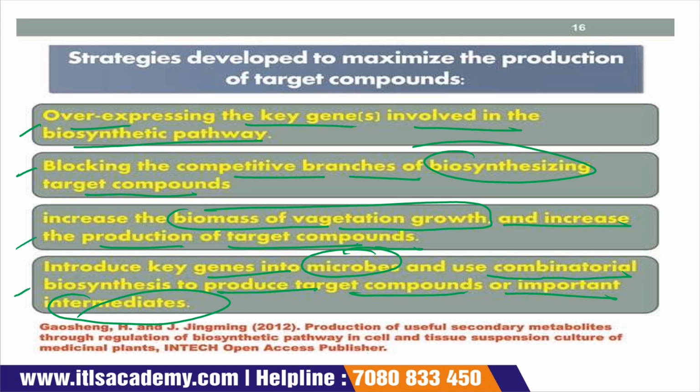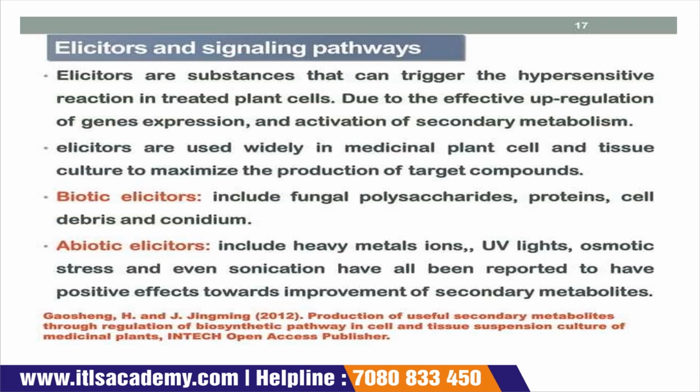Now the next is elicitors and the signaling pathway. Elicitors are substances that can trigger a hypersensitive reaction in a treated plant cell. So simply, an elicitor is a substance which can trigger a hypersensitive reaction in a treated plant.